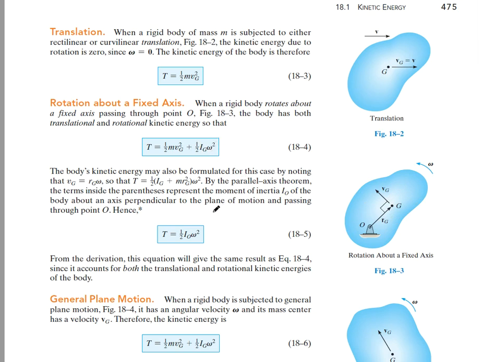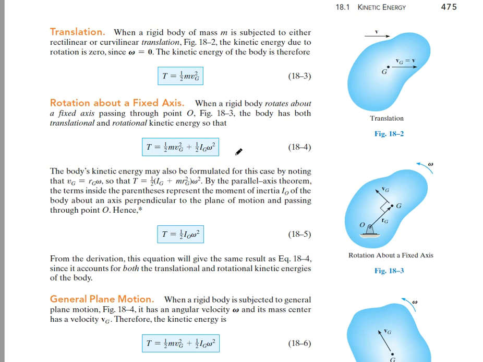And we learned of the parallel axis theorem, and we can combine these two by saying that for rotation about a fixed axis, kinetic energy is half of the moment of inertia about the axis of rotation times omega squared.